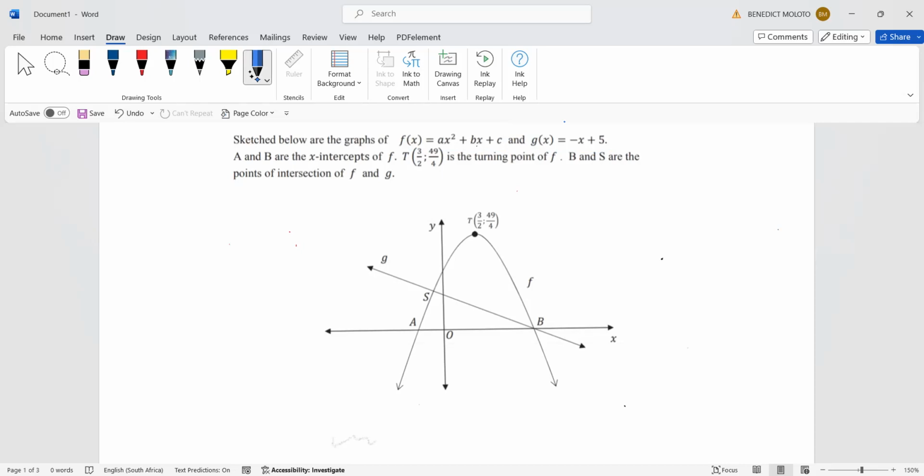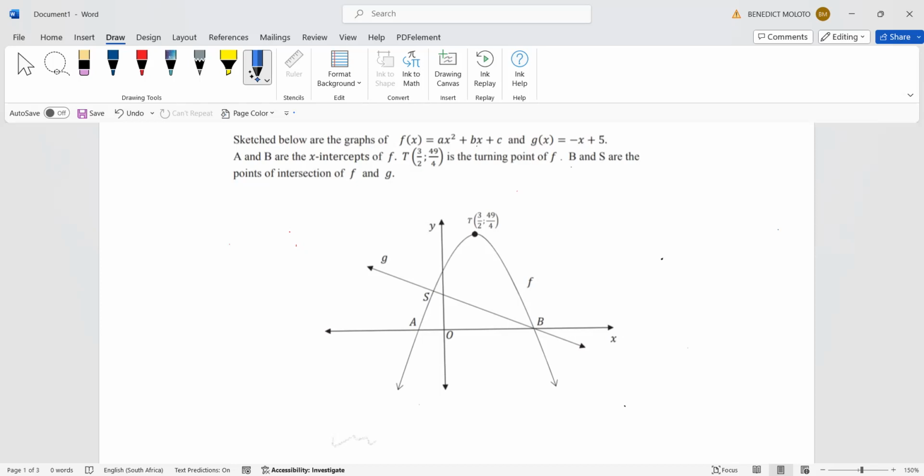This straight line has a negative gradient, which means our graph goes like that. A and B are the x-intercepts of f. Our turning point of f is 3/2 and 49/4.